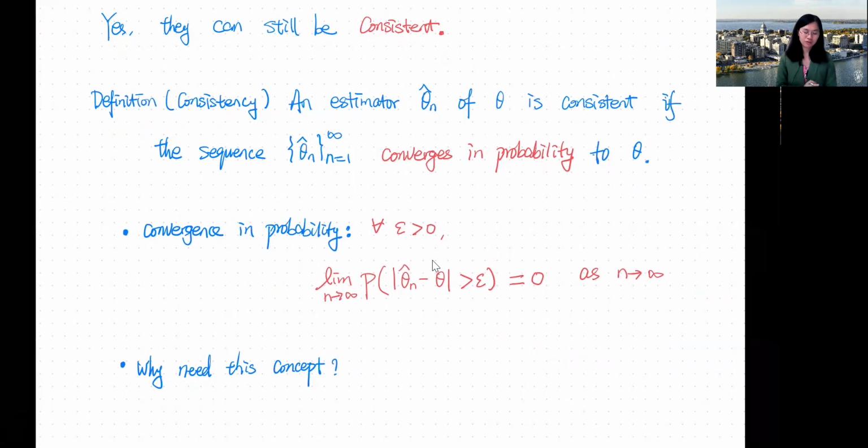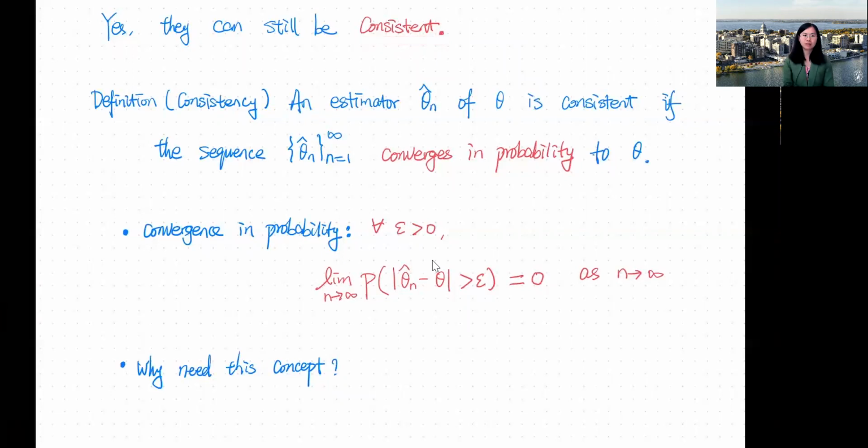If all biased estimators were garbage, we would be in a very difficult situation, and we would not be able to estimate a lot of the parameters for which unbiased estimators do not exist. These biased estimators can still be good estimators in some other sense. In particular, they can still be consistent.